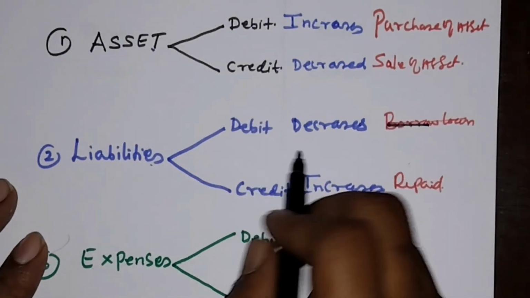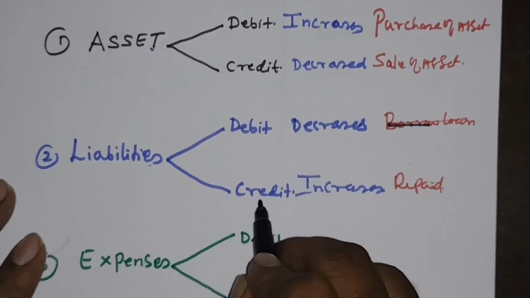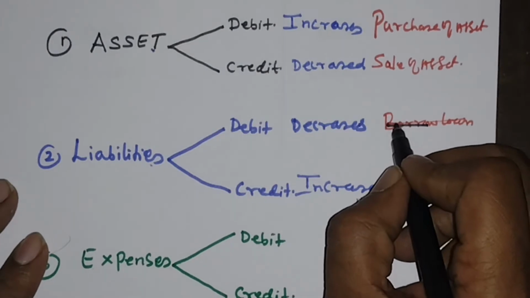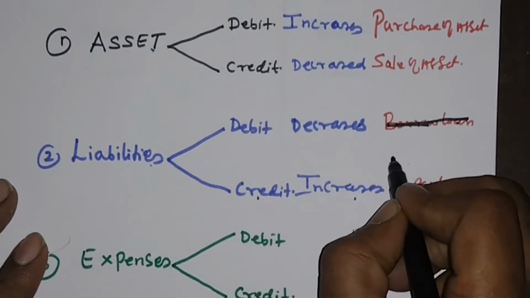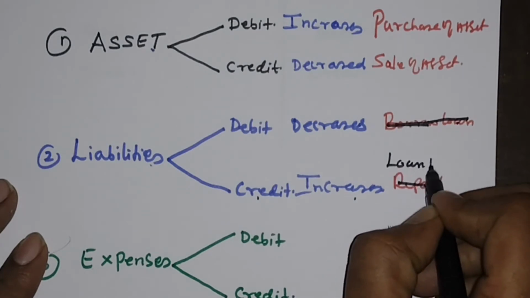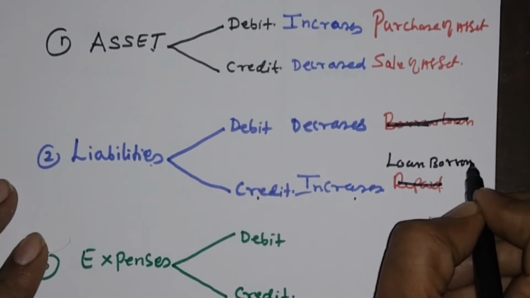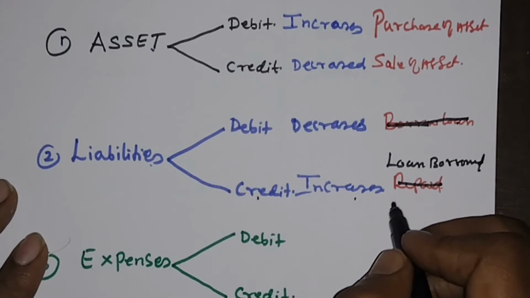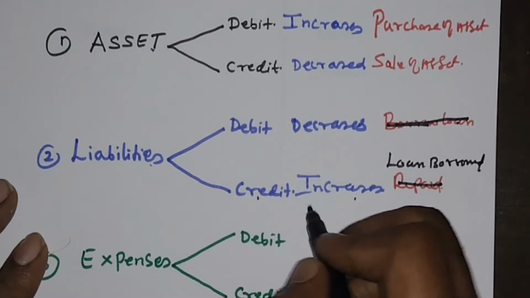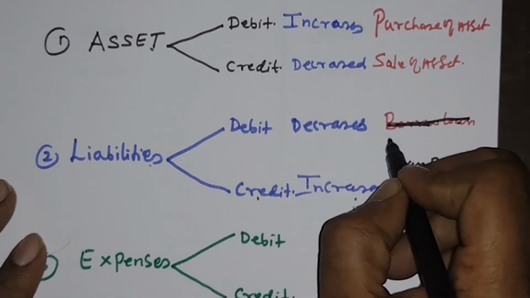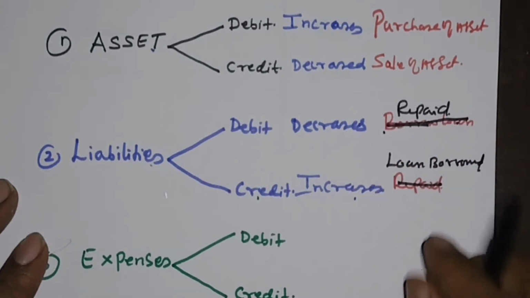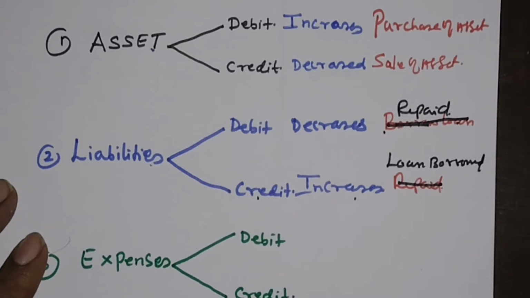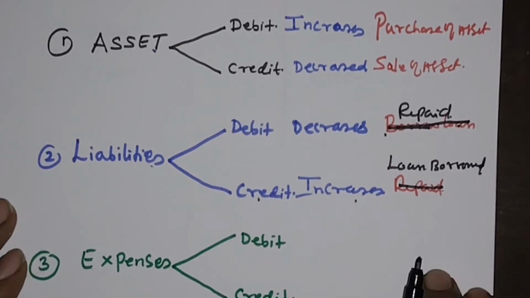Coming to liabilities, debit decreases and credit increases. Credit increases means loan borrowed. When we borrow a loan, the credit increases. When the loan is repaid, definitely it decreases.